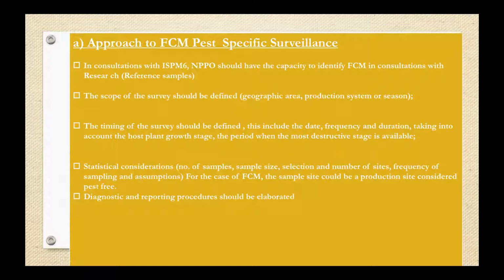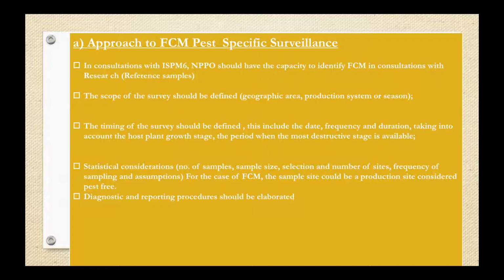So, the approach to FCM pest specific surveillance. As NPPO, you need to consult ISPM 6, and you should also be in a position to identify FCM. If you are not able to identify it, remember that the FCM adult is a moth, and there are similar moth species.